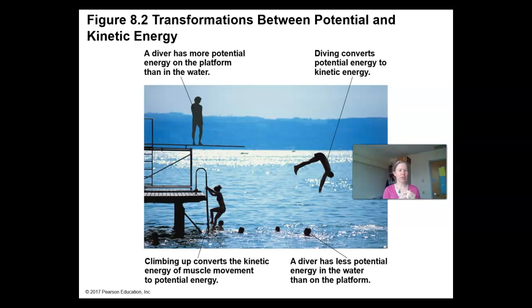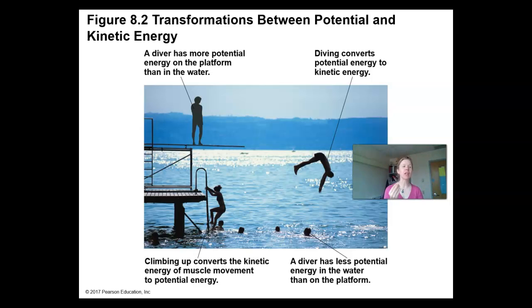So it's important to understand potential energy. The person standing on this platform has more potential energy, the ability to do work, than this person just down here floating in the water. And climbing those ladders is taking kinetic energy and storing it in this form of potential energy. So for some people, this helps. To me, what we're going to talk about a lot is chemical energy.